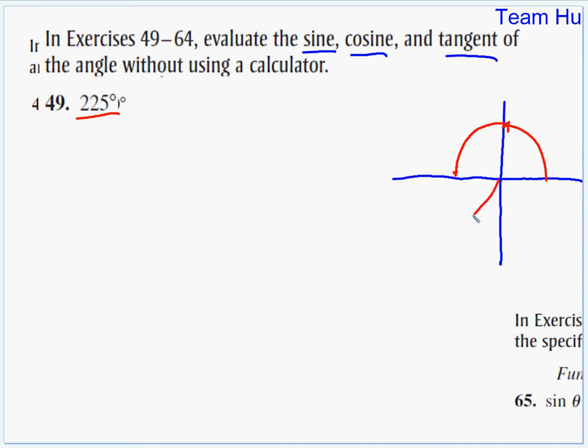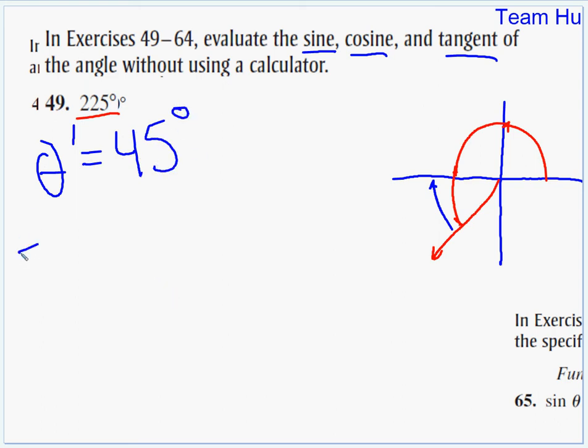So we're going to back up, and that puts us here in quadrant 3. We've gone 225, and when we back up, remember where we're backing up to is 180 degrees. So we can just subtract 225 minus 180. Our reference angle, theta prime, is 45 degrees.